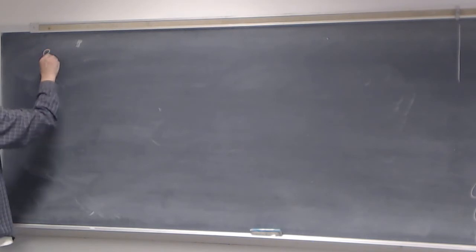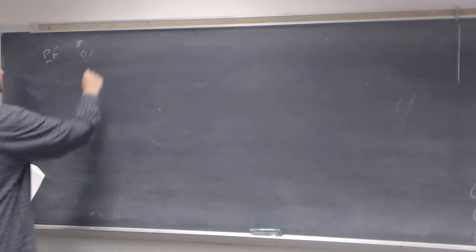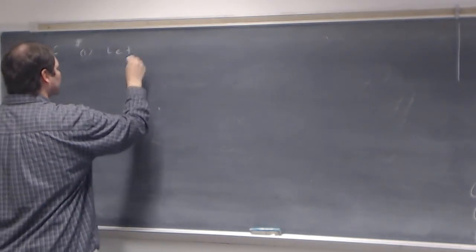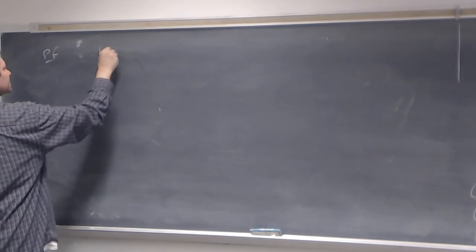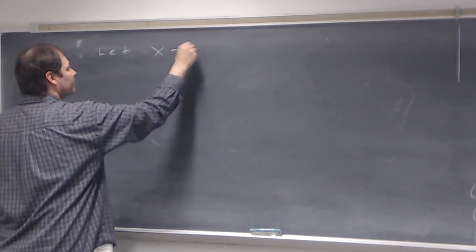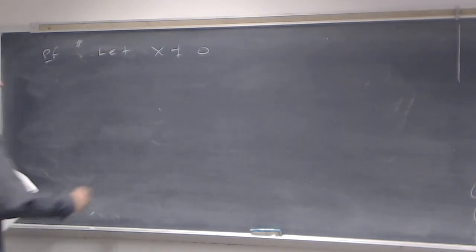So, how do we prove this? Well, it's the proof. We start off with part 1, and so we let, in all our problems, let's have this precedence. Let's let x be different from 0, because all of our parts have x being different from 0.